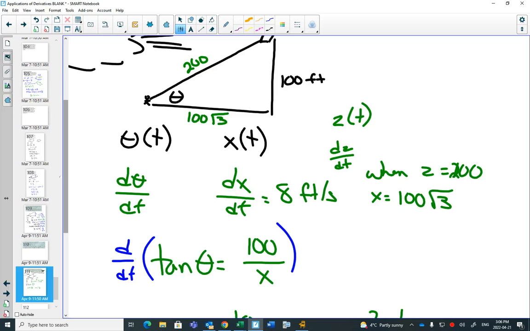So can you see that cos of theta is 100 root 3 over 200, which is root 3 over 2? So that would mean that secant of theta would be 2 over root 3.